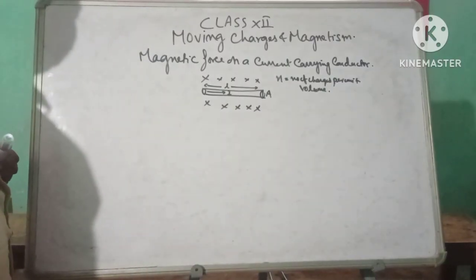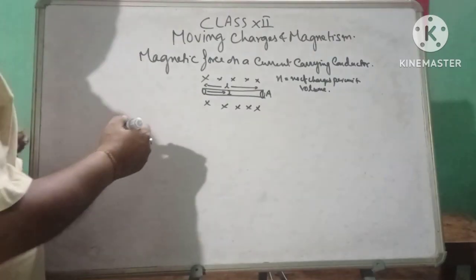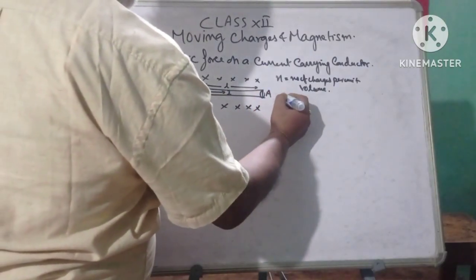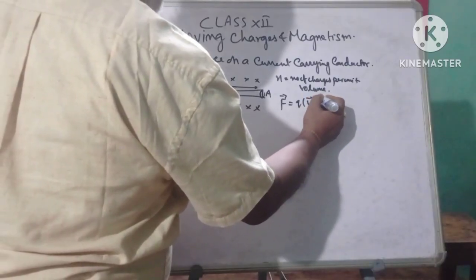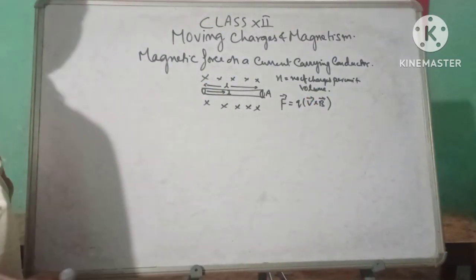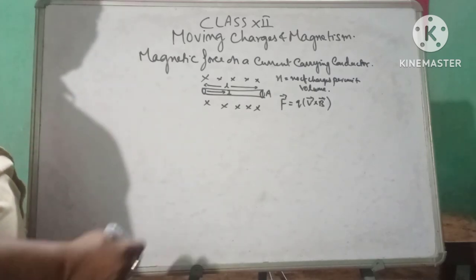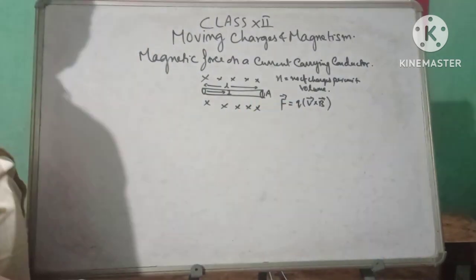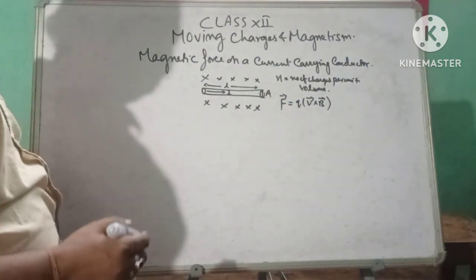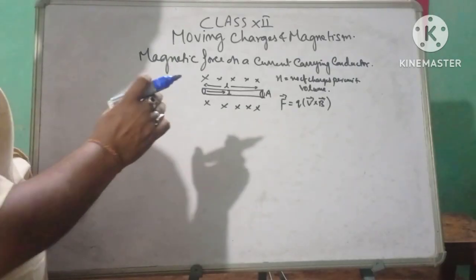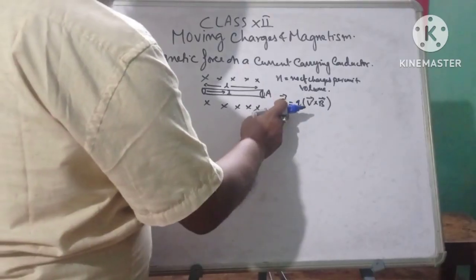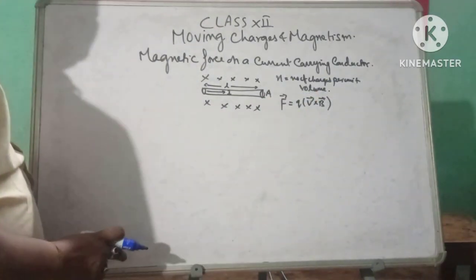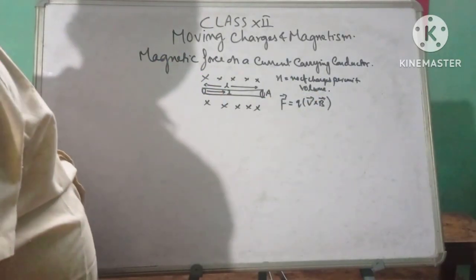So here we know the Lorentz force, that is F is equal to Q V cross B. Remember that such a formula is very important to solve problems, because F, V and B create a three-dimensional figure.